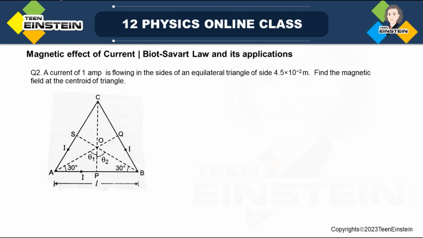So here the example number 2 says that a current of 1 ampere is flowing in the sides of an equilateral triangle of side 4.5 meter. Find the magnetic field at the centroid of the triangle. So for that, how to approach, we'll discuss.